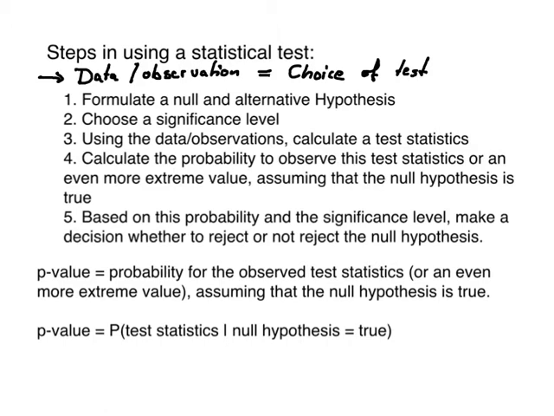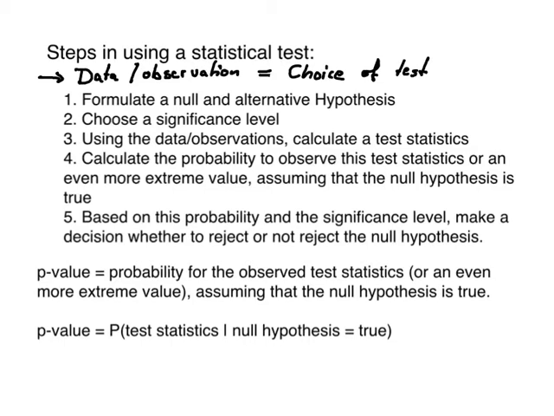The next step is that we need to formulate a null and an alternative hypothesis. And these hypotheses are incredibly boring. They are really formulaic phrases. It's not like a scientific hypothesis where I say, for example, men are taller than women or something. That's a scientific hypothesis. Statistical hypothesis is something very different, and we will come to that in the next section.